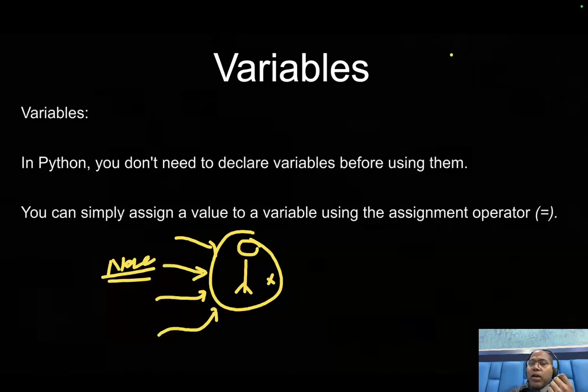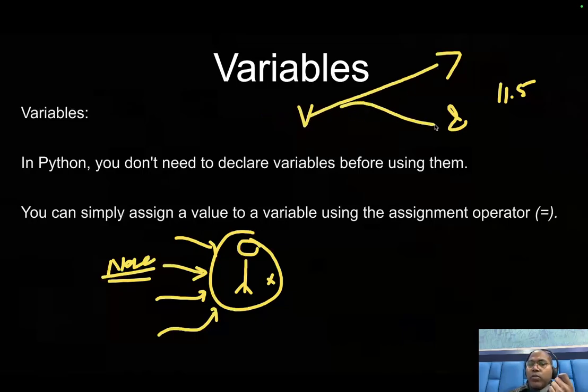Similarly, take values like 7, 8, 10.5. How can we identify them? If I want to use 7 or 8 here, we need some kind of variable name that can point to this or this or this.